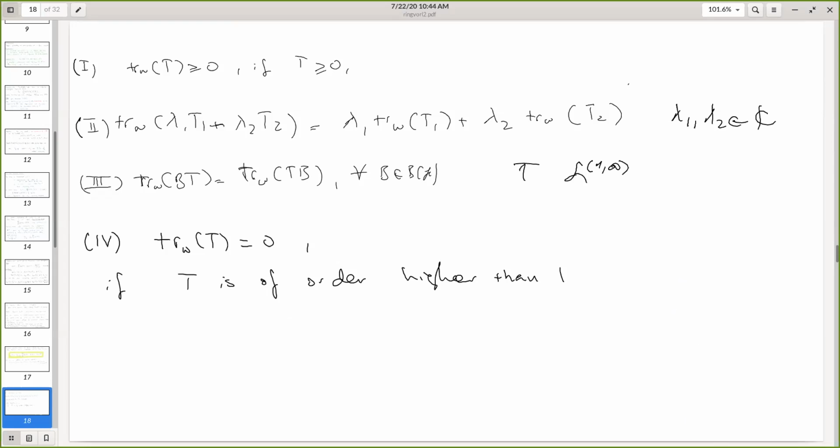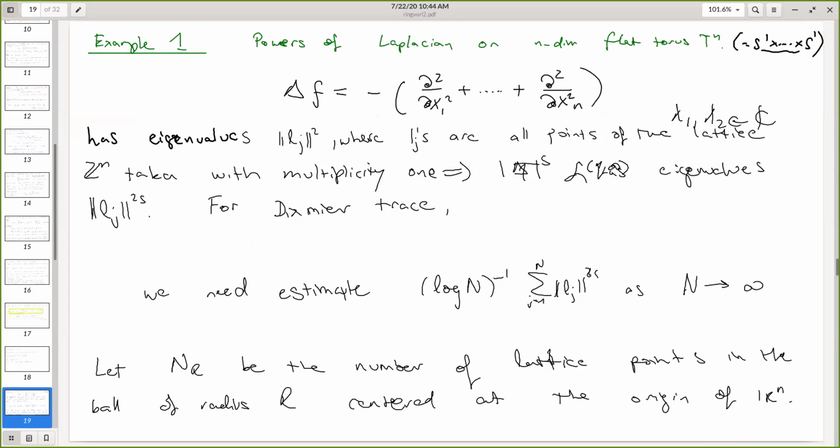Good. Now, let me give you an example. I know this was a lot of technical detail, but let me give you a very nice example: powers of the Laplacian of an n-dimensional flat torus. You have the flat torus, S1 cross S1, n times, and you have the Laplacian of that torus, that is ∂²/∂x1² plus and so on up to ∂²/∂xn².